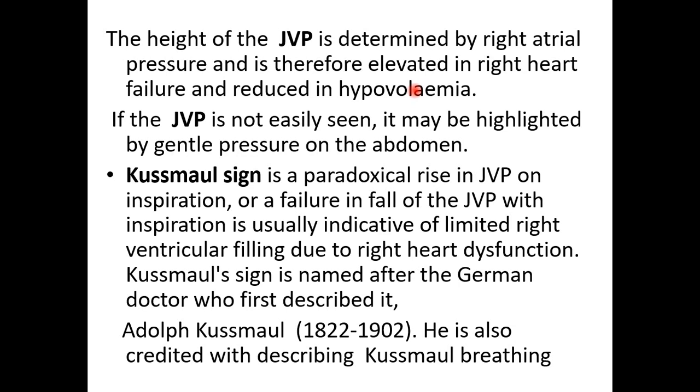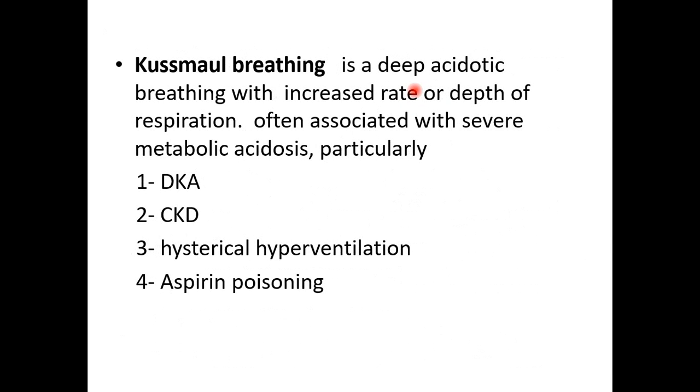Now we will come to the causes of Kussmaul sign. But when we think of Kussmaul sign, we must also remember Kussmaul breathing, which is deep acidotic breathing, deep sighing breathing with increase in rate or depth of respiration, often associated with severe metabolic acidosis, particularly in diabetic ketoacidosis.